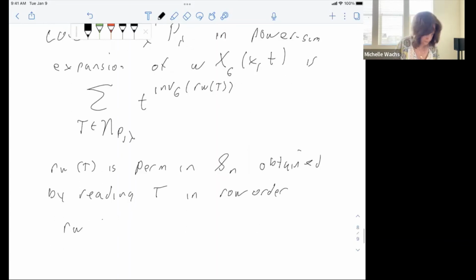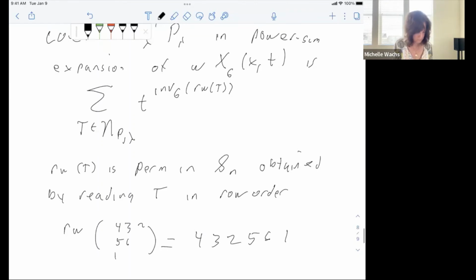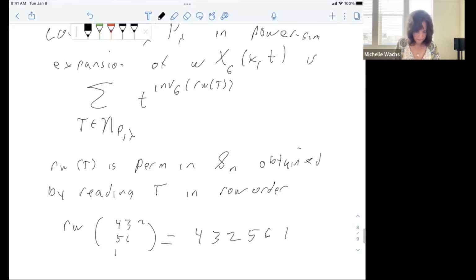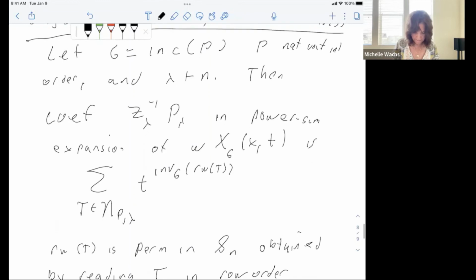So, okay. Let's look at an example of this theorem.